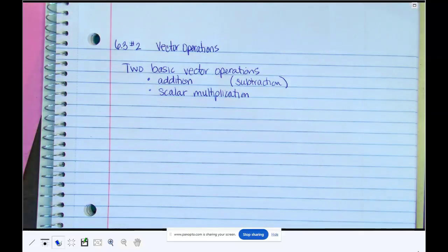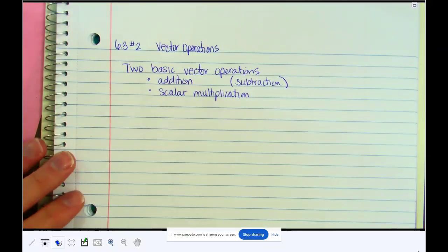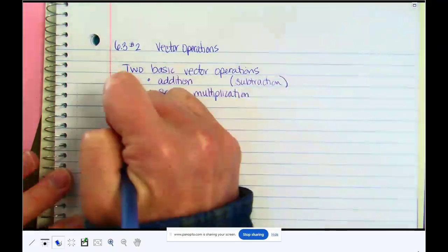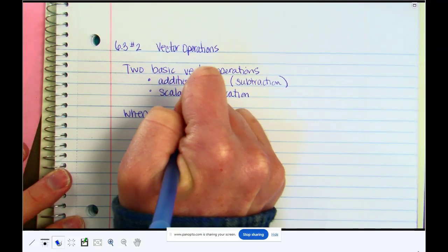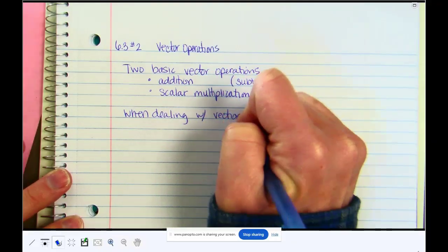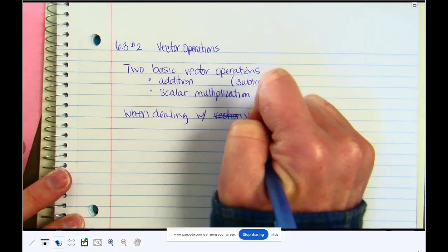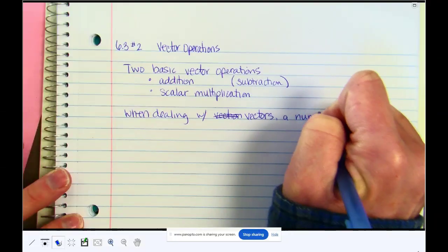So the first thing that we're going to talk about is scalar multiplication. So when you're dealing with vectors, a number that you're multiplying by is referred to as a scalar.